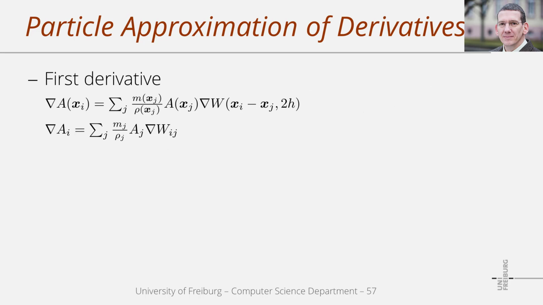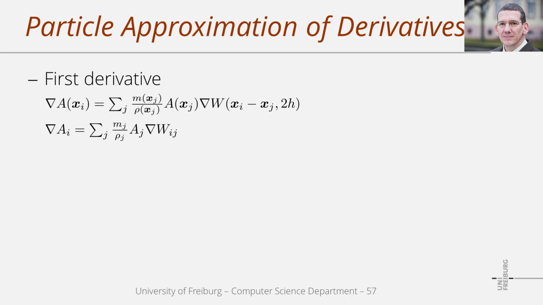We have seen that the derivative of a quantity A can be expressed as the convolution of a function A with the derivative of the kernel function w. In a particle setting, this means that the first derivative of a quantity A at position xi can be approximated with a sum over adjacent particles j, where we sum up the quantity A times the particle volume expressed as mass divided by density times the kernel gradient.